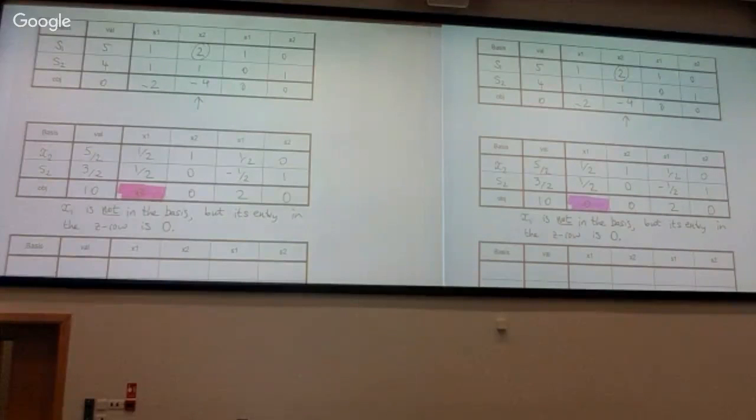Like here, it's increased from 0 to 10. If we pivot on something positive in the objective row, that's what we usually do when we are minimizing, then the objective function typically decreases. It doesn't always decrease, as we'll see next week, but typically it decreases. And on negative, it typically increases.